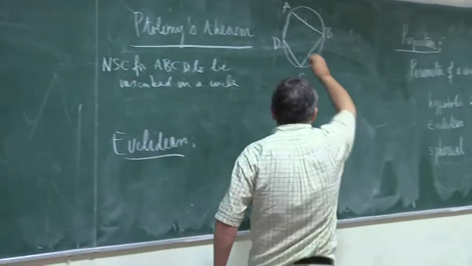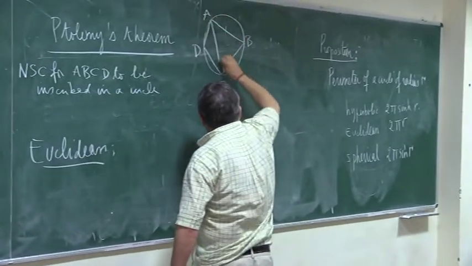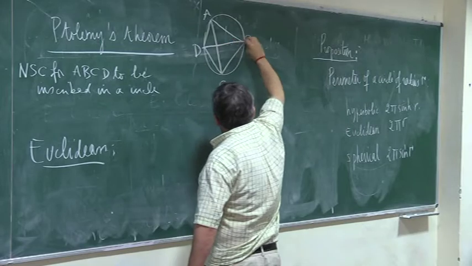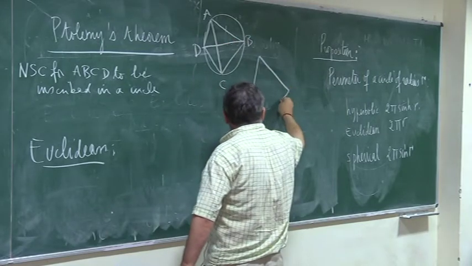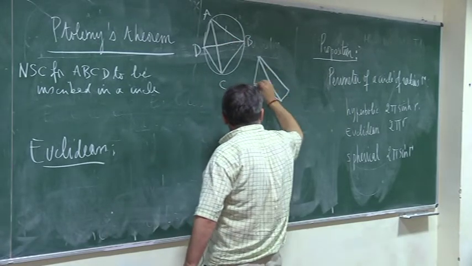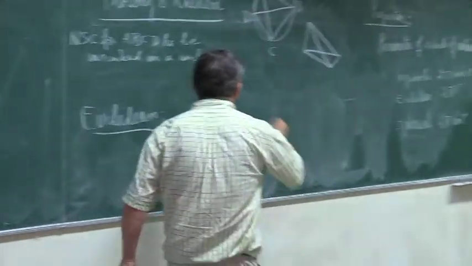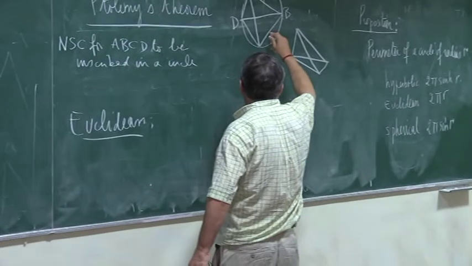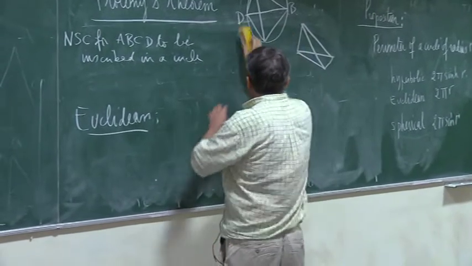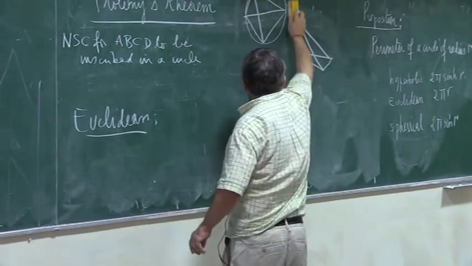So you look at the diagonals. You take an arbitrary quadrilateral. You have the two diagonals. I don't need the vertices.